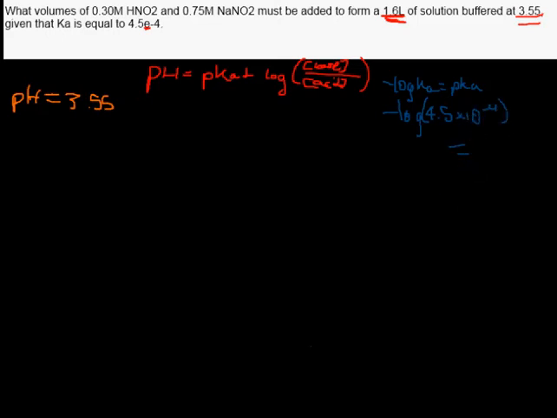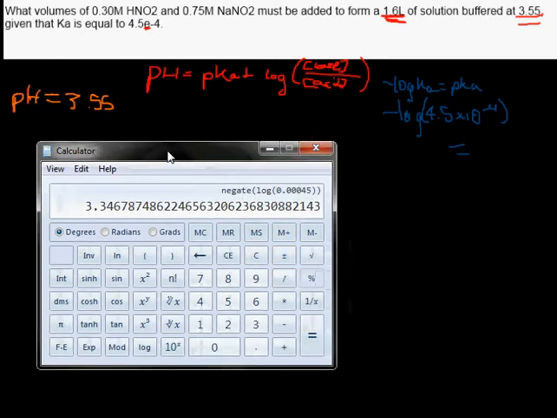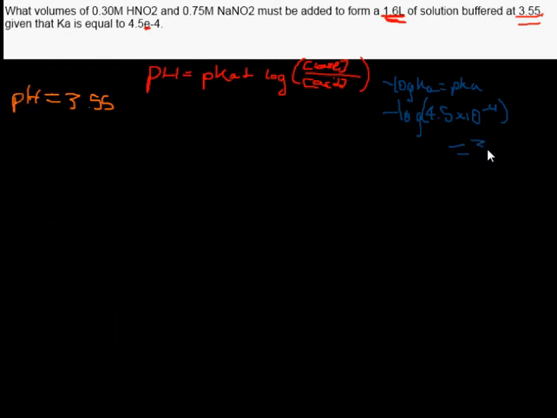So let's find out, shall we? Negative log of that, and we get 3.35. Now we could just plug and chug.